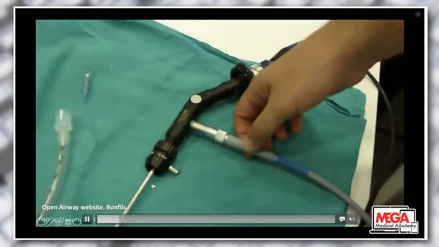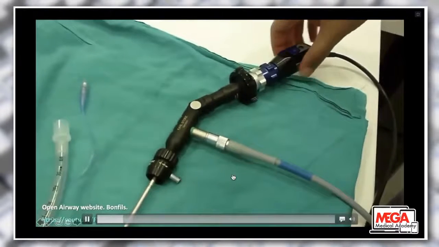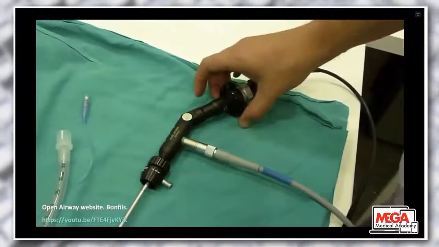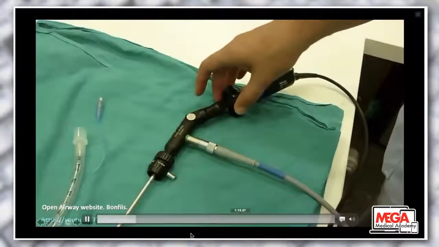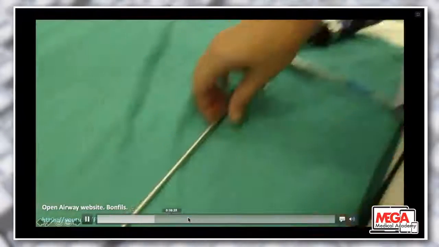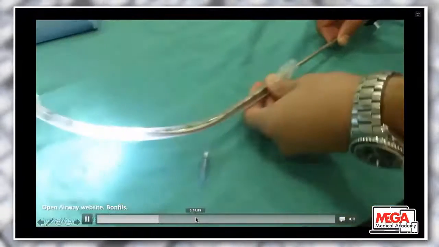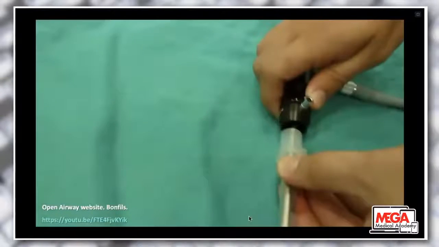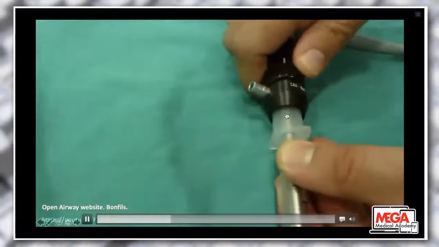Here is the shaft. In all video laryngoscopes, you need to lubricate the blade or shaft of your video laryngoscope and the endotracheal tube. Here the endotracheal tube is going to be loaded over the tip of the video laryngoscope after turning off the light source. One of the golden tips here is the holder for the tube to fix it.